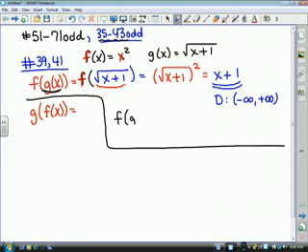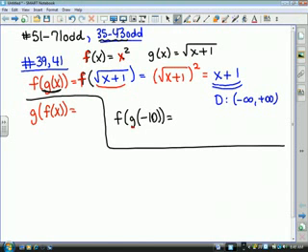Let's do f of g of negative 10. I should be able to do that problem, shouldn't I? If the domain's all real numbers, shouldn't I be able to do that? Right? Should be, right? Okay, so let's do it. So let's do g of negative 10.